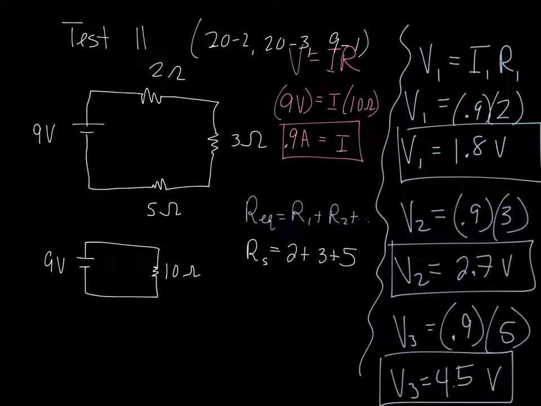Please take a look. The current for each resistor is the same, isn't it? 0.9, 0.9, 0.9. So that's not what's changing. What's changing is the voltage across each of these resistors. The resistor that uses more voltage is really using more power. Because it'd be 0.9 times 1.8 is the smallest amount of power. 0.9 times 2.7 is the medium amount of power. 0.9 times 4.5 would be the largest amount of power out of all 3 resistors.